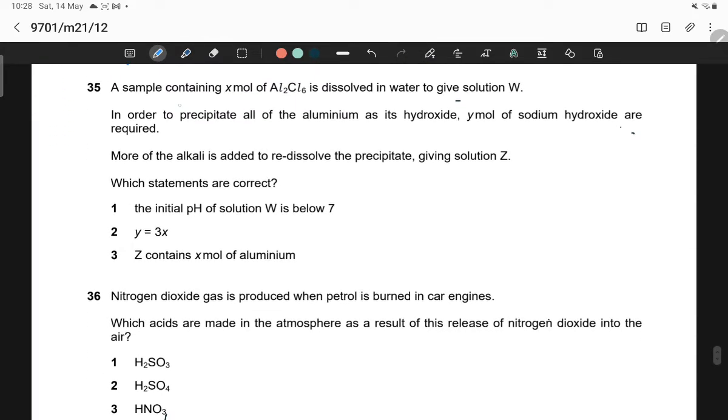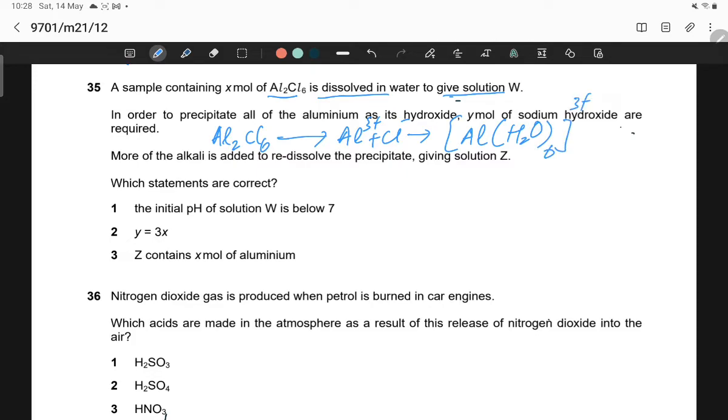35. A sample containing X mole of Al2Cl6 is dissolved in water to give solution W. You know that Al2Cl6 when dissolved gives Al3 positive and Cl negative ions, and this forms the complex ion Al(H2O)6 3 positive.